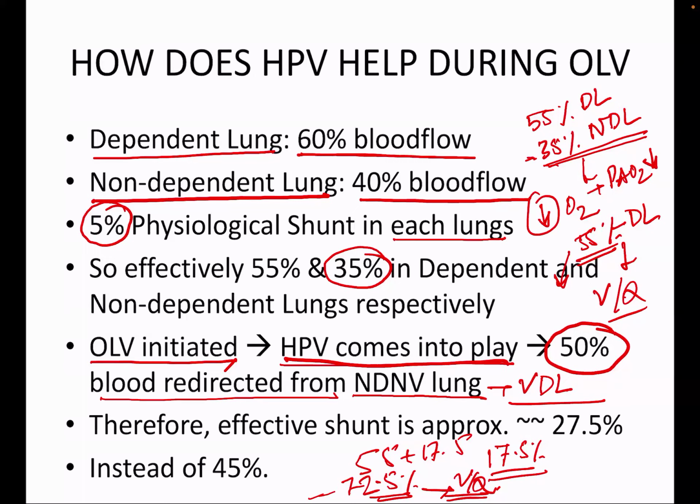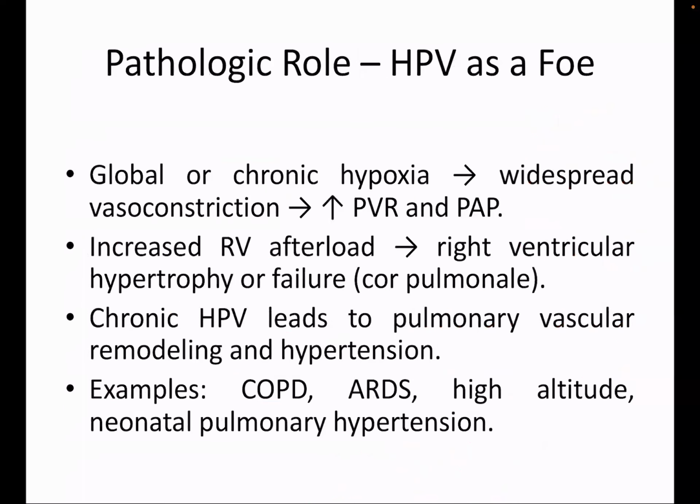So when is HPV our enemy or foe? When there is global or chronic hypoxia. Considering a patient with COPD, a chronic hypoxic disease where lung parenchyma is involved, overall oxygenation is reduced and there is widespread vasoconstriction.